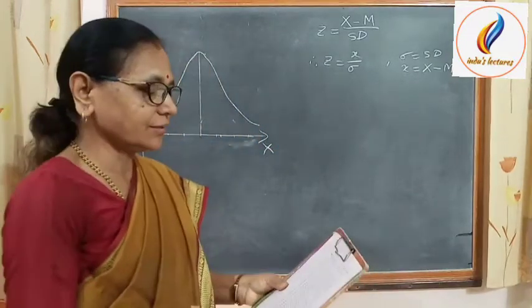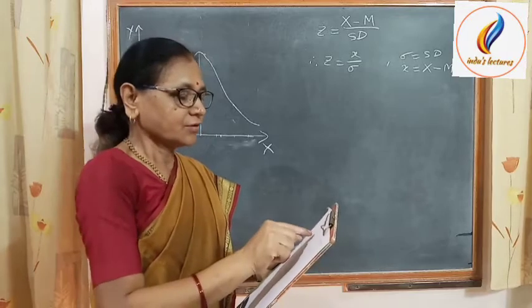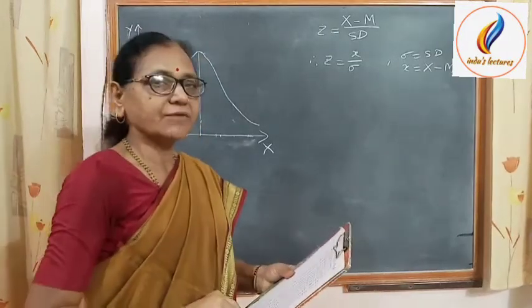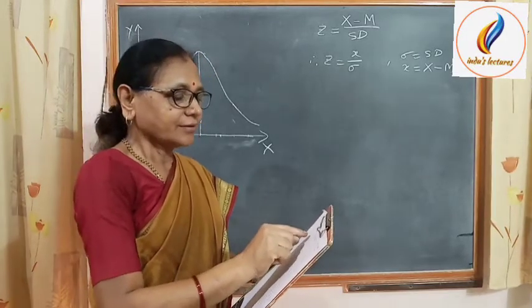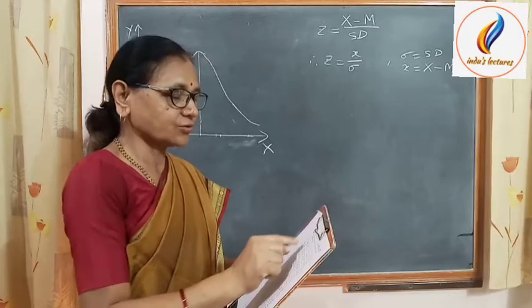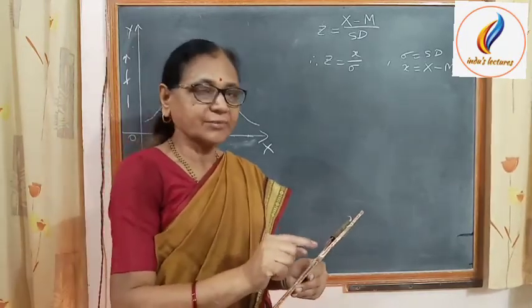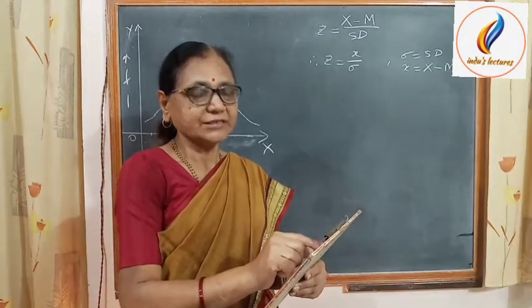Now in this table, the first column gives x upon sigma, that means the values of x upon sigma or Z score, and the first row shows the second decimal place of the x upon sigma or Z score value.